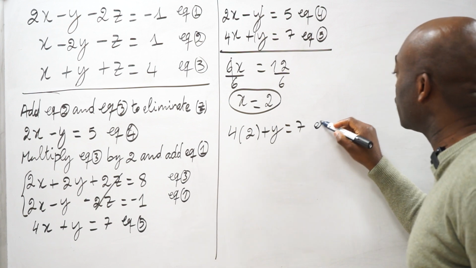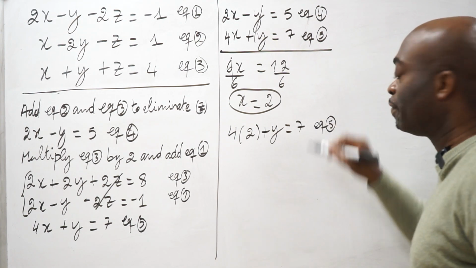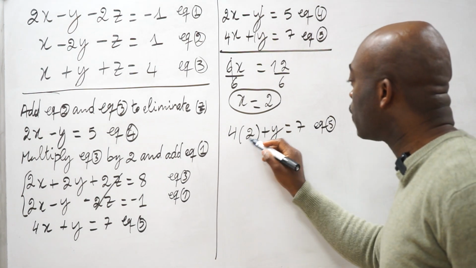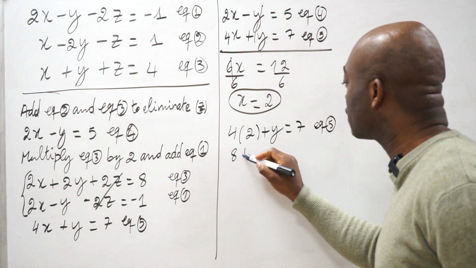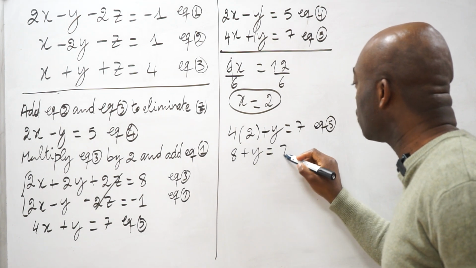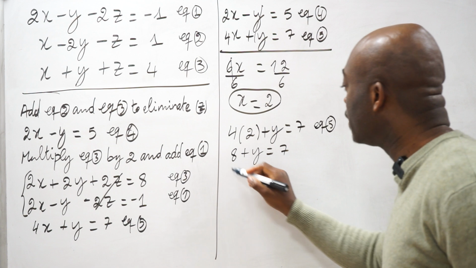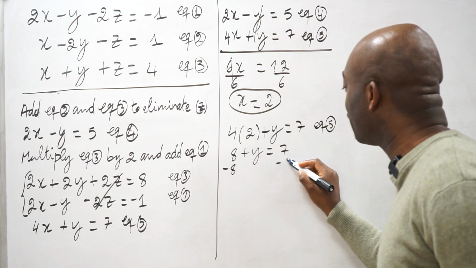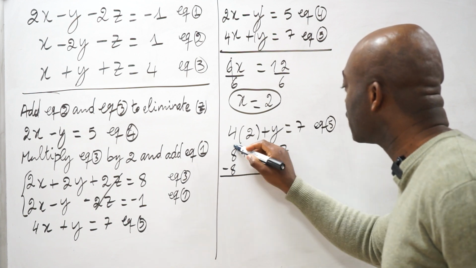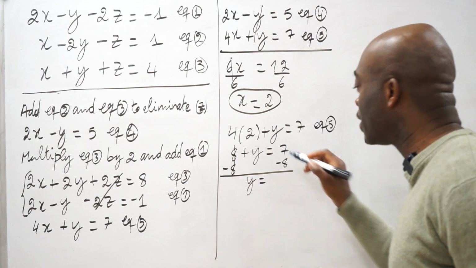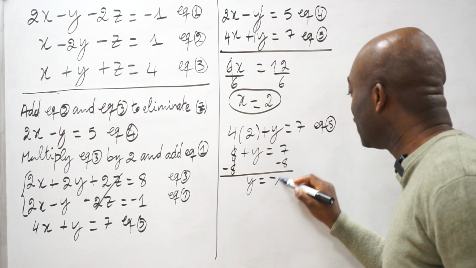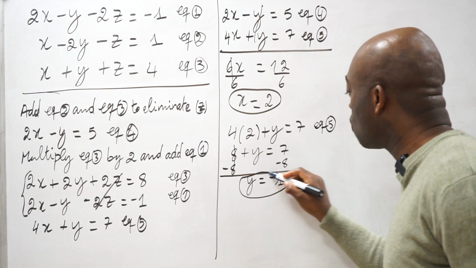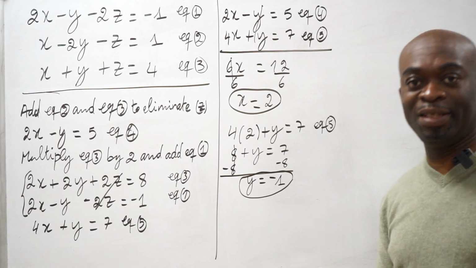So that is from equation 5. Okay? So 4 times 2 is what? Is 8 plus y equals 7. Then I can just subtract 8 from both sides. Then y equals what? 7 minus 8 is negative 1. So y is negative 1 in this case.